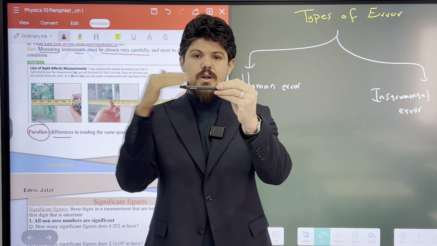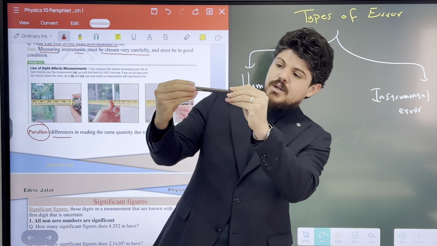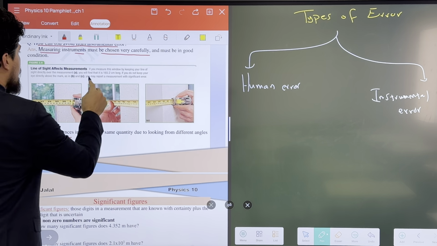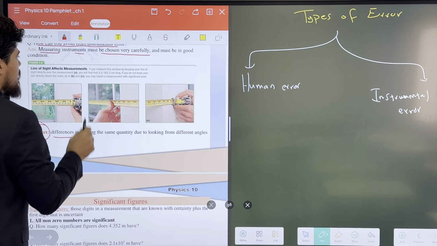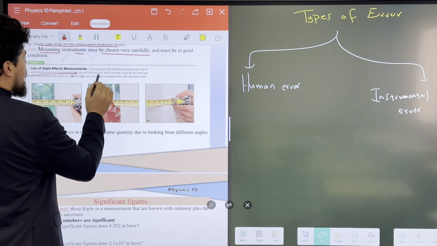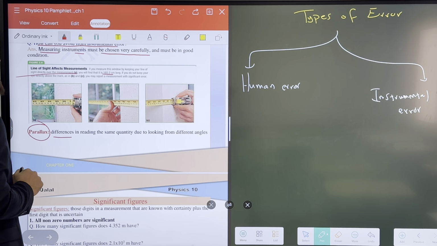Your eyes must be perpendicular to what? To the meter stick. It is not allowed to read the meter stick from the sides. This phenomenon is called parallax. If you measure this window by keeping your line of sight directly over the measurement, like figure A, you will get the correct and consistent value. You will find that it is 165.2 if you look perpendicular.